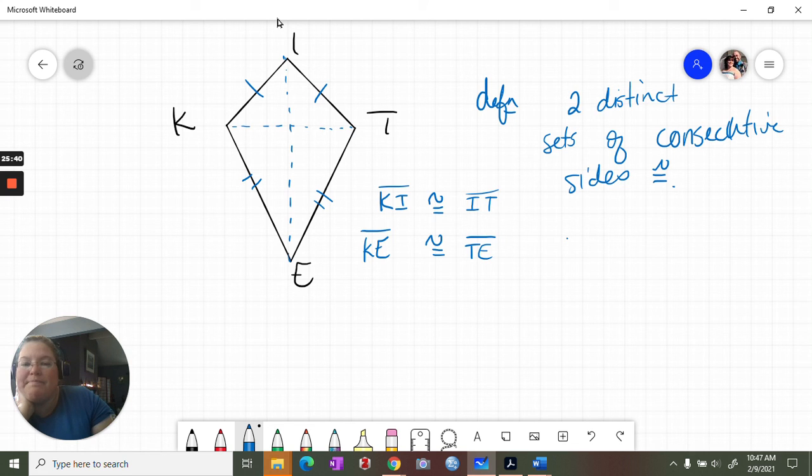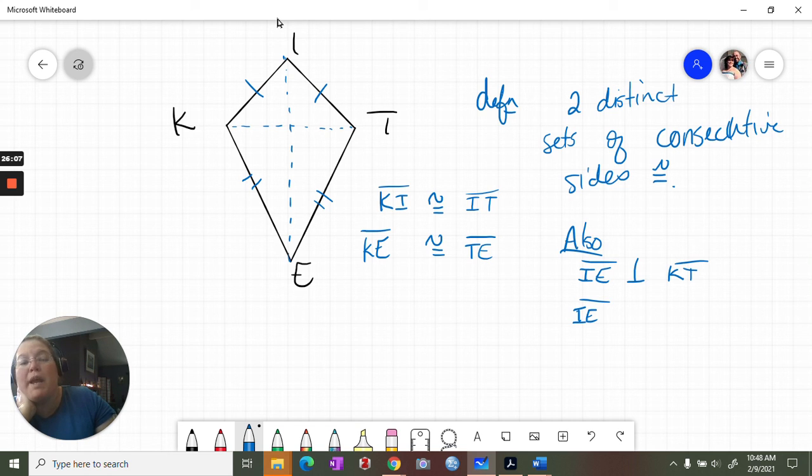Additionally, my diagonals, IE and KT, are perpendicular. And this longer diagonal, the one that cuts this into, like, you see we have two congruent triangles there because this is reflexive or shared side.